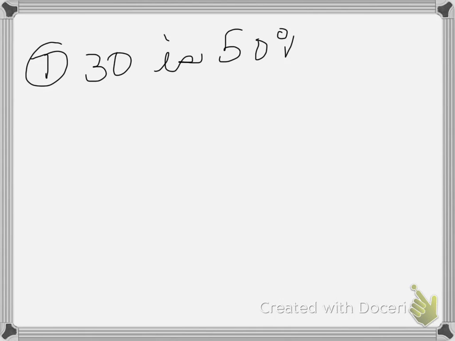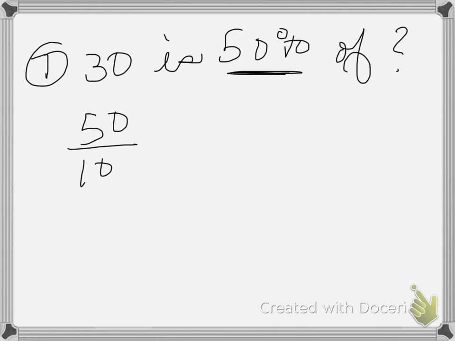Let's see, we're up to number 7. 30 is 50% of what number? So I'm going to put a question mark. So again, anytime you have the percent given, you know that number is over 100. You don't have to put the percent sign there. Just that number is over 100. Equals, is over of.